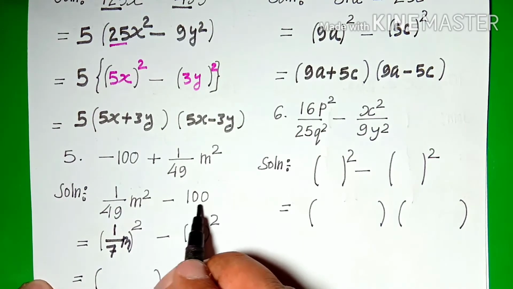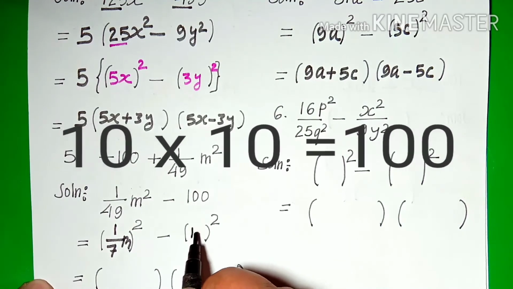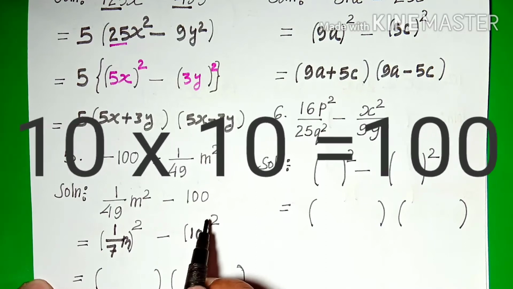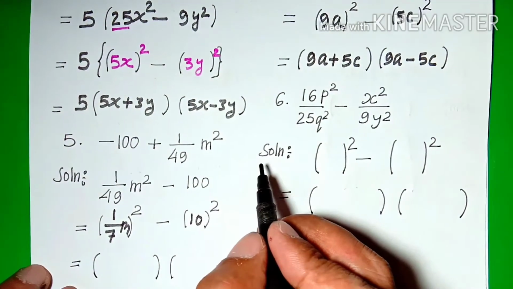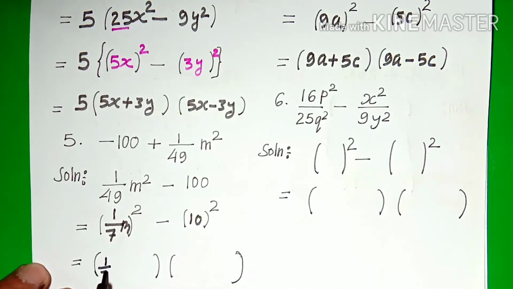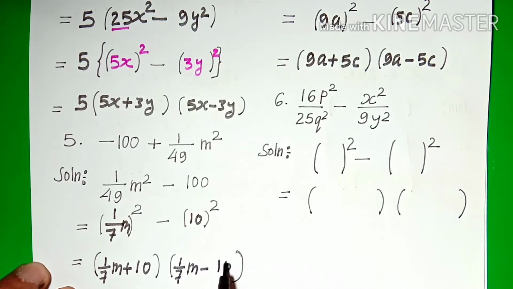Likewise, 100 is a perfect square of 10. That means we get a² − b², which equals (a + b)(a − b). So a + b is (1/7)m + 10, and a − b is (1/7)m − 10.